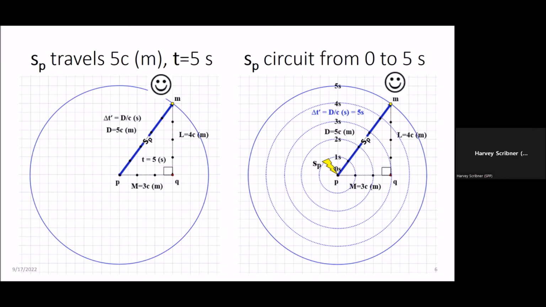And so at 5 seconds, this observer. Now you'll notice I have up here delta t prime equals d divided by c, in seconds. So you have 5 seconds. You take the distance divided by the speed of light over that distance, for this physical phenomenon of the signal traveling through space.